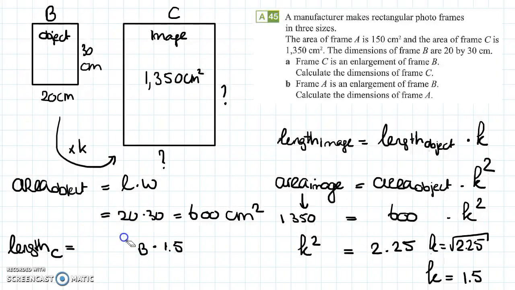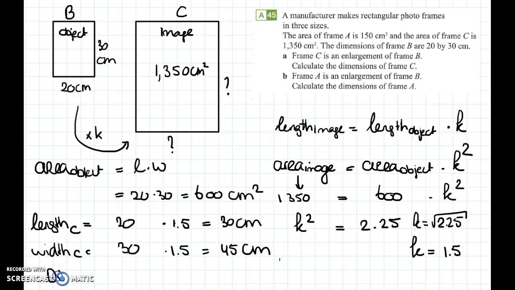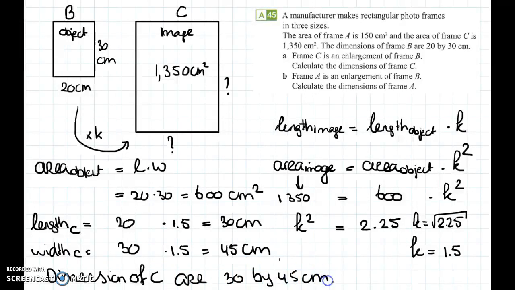For length B, we put in 20. 20 times 1.5 gives us 30 centimeters. The width of C is the same story, but now we have 30 times 1.5, which gives us 45 centimeters. And thus the dimensions of C are 30 by 45 centimeters.